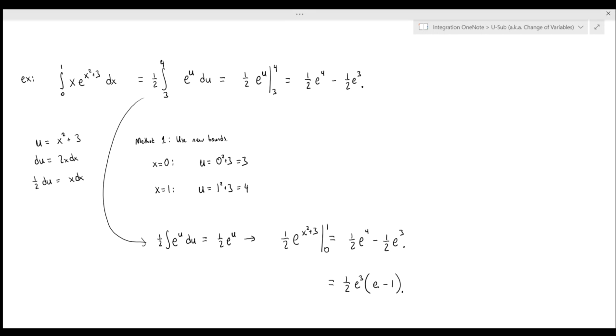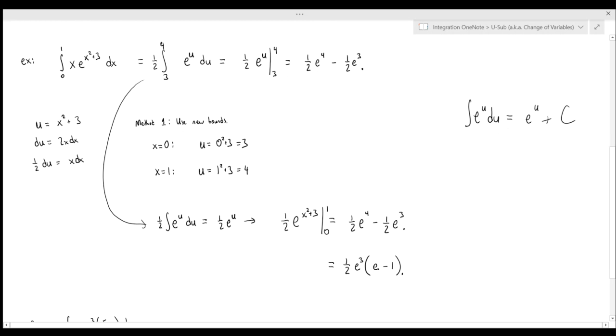After that, you have to integrate it again. Yes, when we get the half and then the integral of e to the u du, we do have to integrate it again. But what's the integral of e to the u du though? Oh, it's e to the u. Yeah, that's right. Okay, I see what you did. I just wasted everyone's time. Sorry. No problem. Always happy to answer questions that you guys have. So don't feel bad about that.